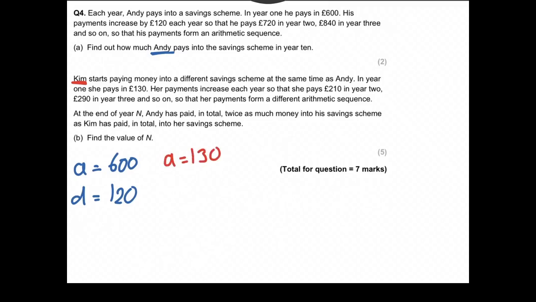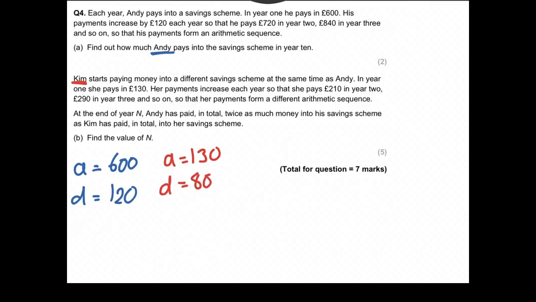Her payments increase each year, so is it still arithmetic? It does tell us that, but it's going to be a different amount. So in year 2 she pays 210. So if we do 210, take 130, we find that her difference is 80.